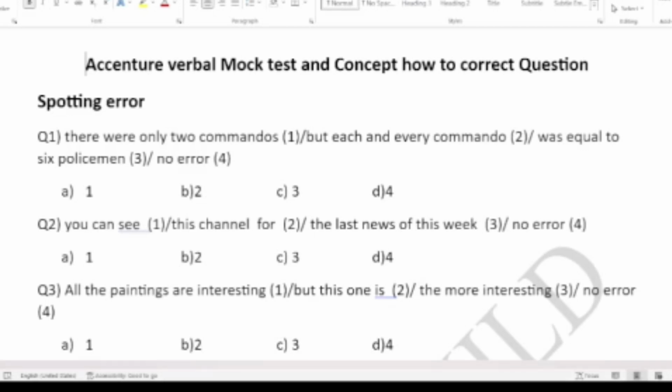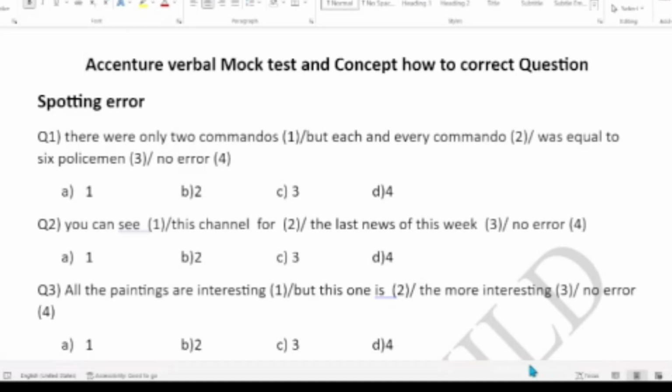This is the third part, and no error, this is the fourth part. If you found an error in part 1, then you should answer option A, and if you found an error in part 2, then your answer is B, and so on. If you feel that there is no error in the sentence, then you choose option 4.